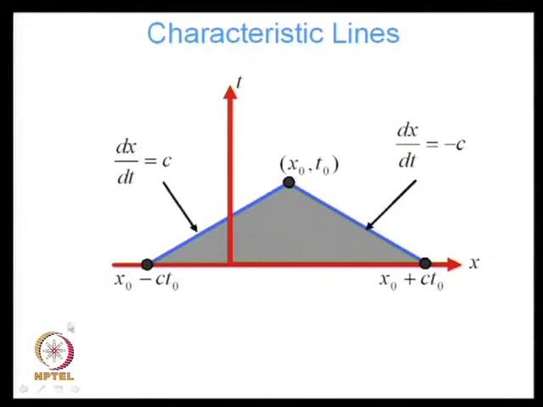Whatever the arbitrariness here, that is not going to affect the solution here. Only the values that lie between x 0 minus c t 0 and x 0 plus c t 0 are going to affect the solution here.